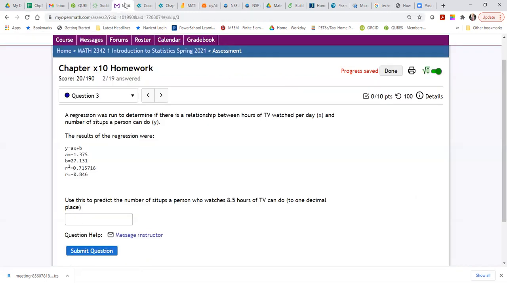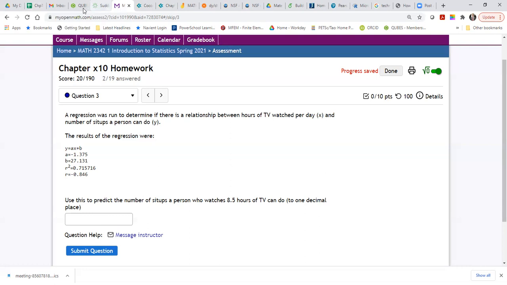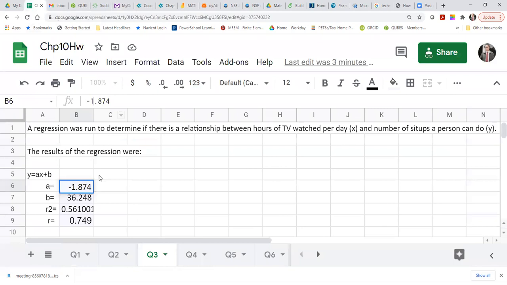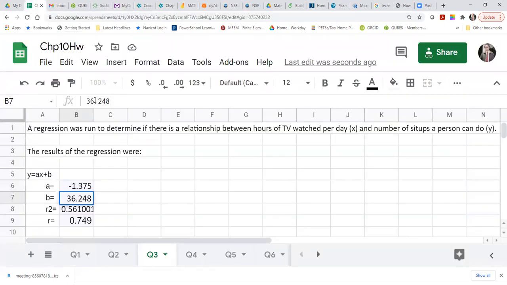The A here is negative 1.375. And the B is 27.131. That's for the B.